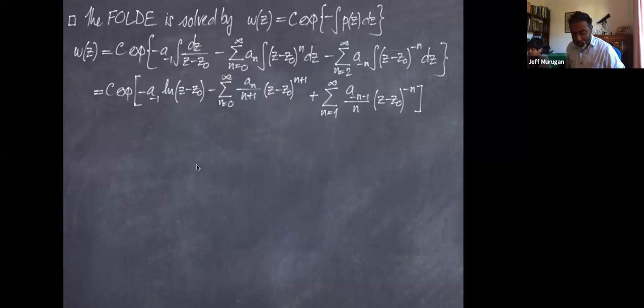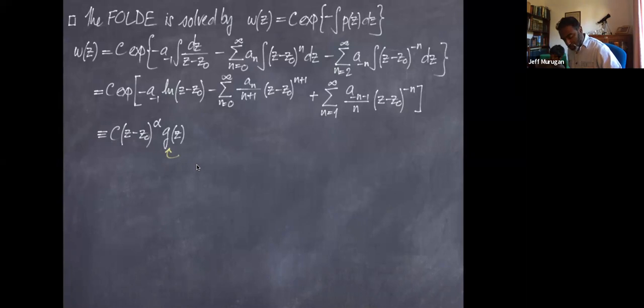But the key point out of this is that this looks like some constant times z minus z naught to the alpha, times g of z, where this g of z now is an analytic function. So that's the form of this solution.